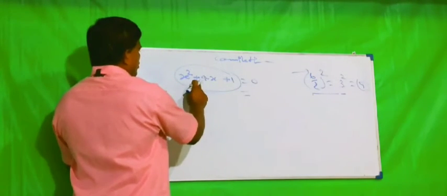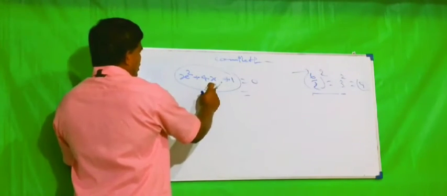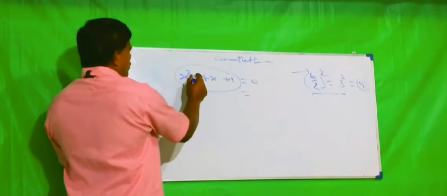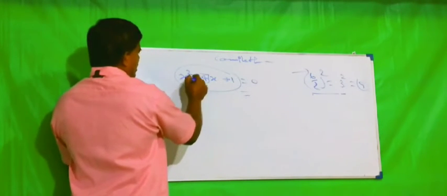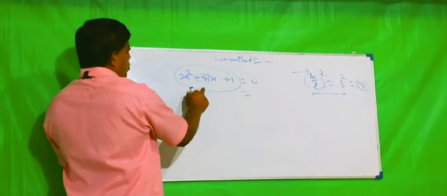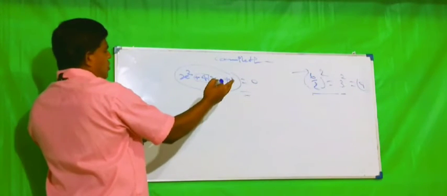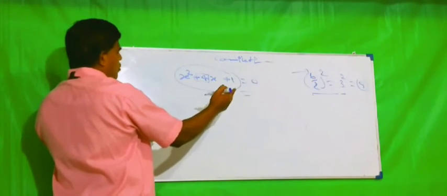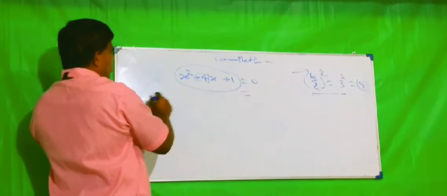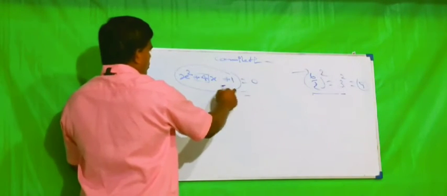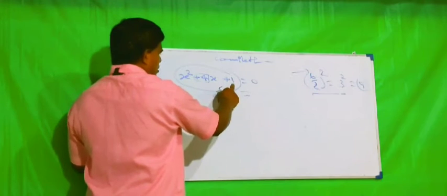Here the middle term is plus 4x. If we take half of the coefficient, half of 2, the square of it is 4. But here the last term is 1.